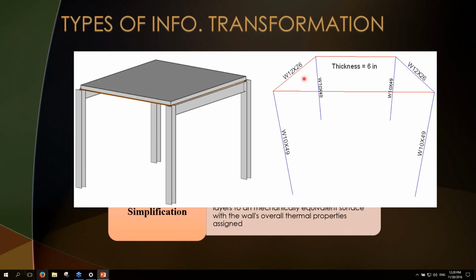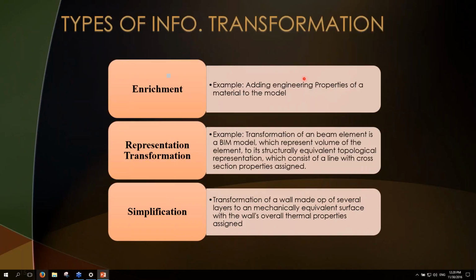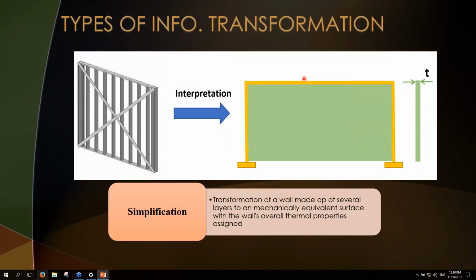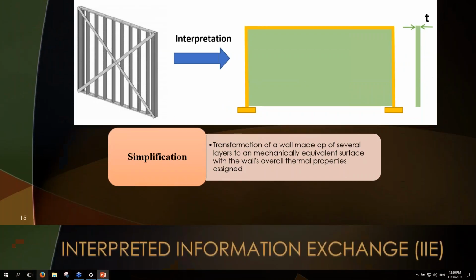So one transformation is transforming the representation of elements. And the third one is simplification. An example is the simplification of a wall assembly to a simple shell element. So these are the three main types of information transformation.